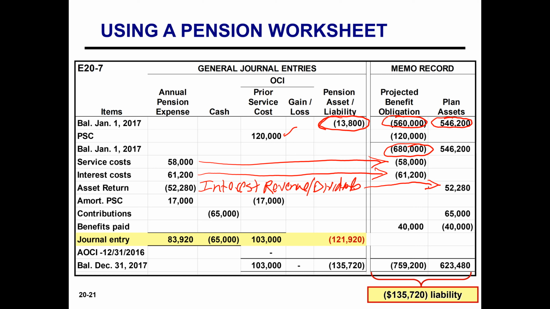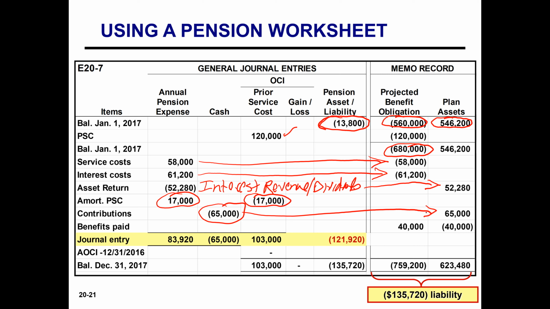Amortization of the prior service cost increases our pension expense and decreases the other comprehensive income for those prior service costs. Contributions made by the company decrease our cash, but increase our plan assets.